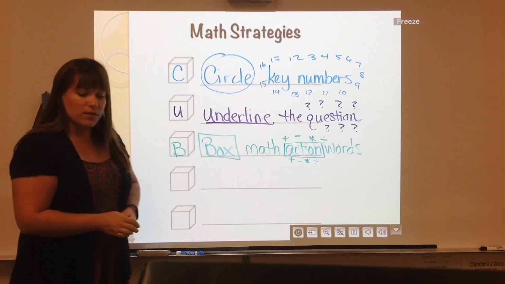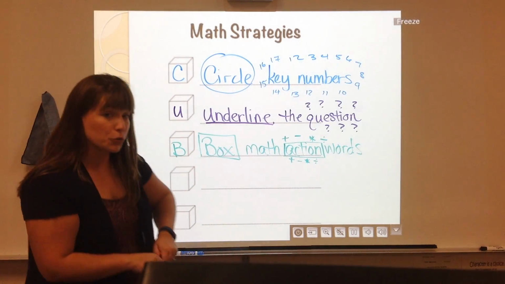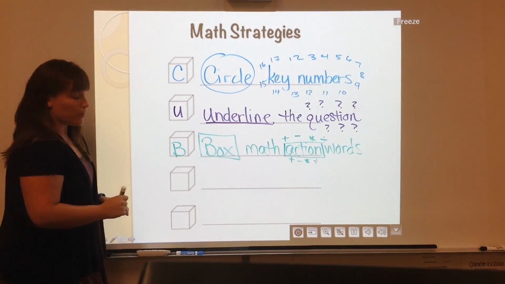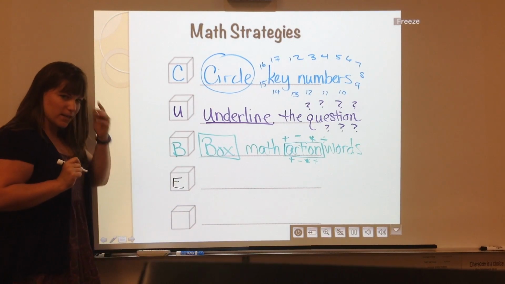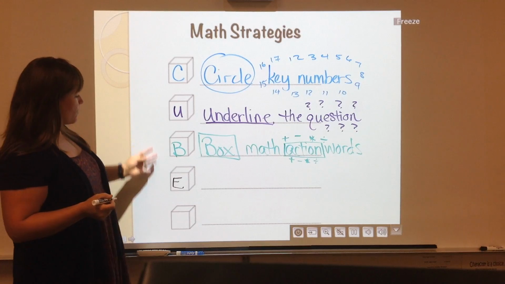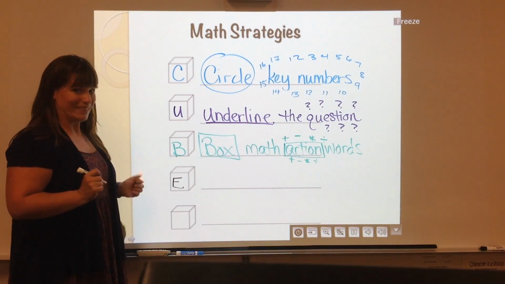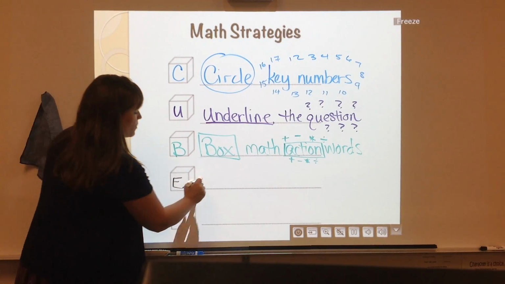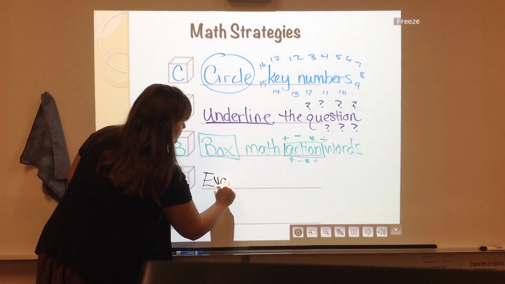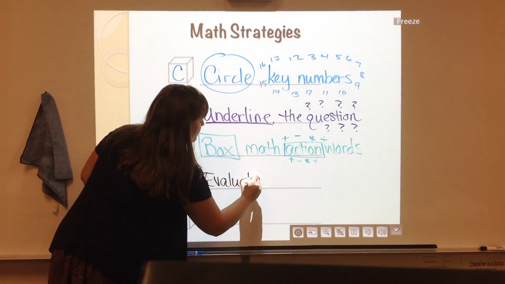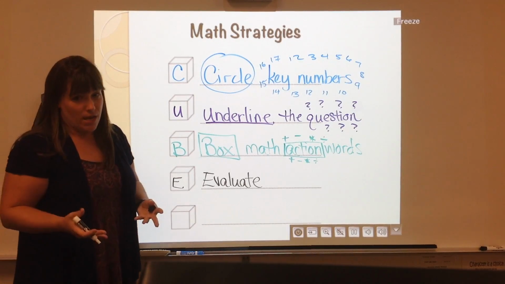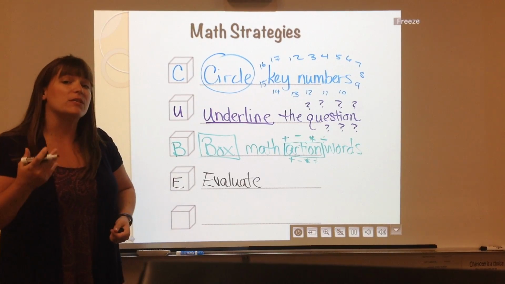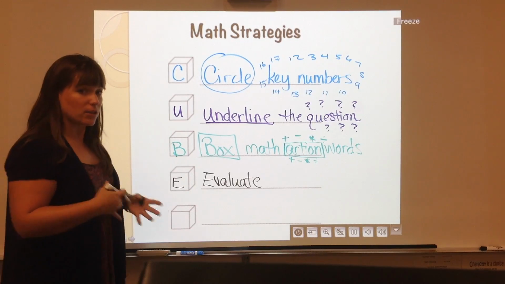Moving on, the next cube, and if you have the pattern, you might have guessed the next letter. It is an E. So far we have spelled cube. The E stands for evaluate. And what are we going to evaluate? We're going to be thinking about the steps that we need to take to solve the problem.